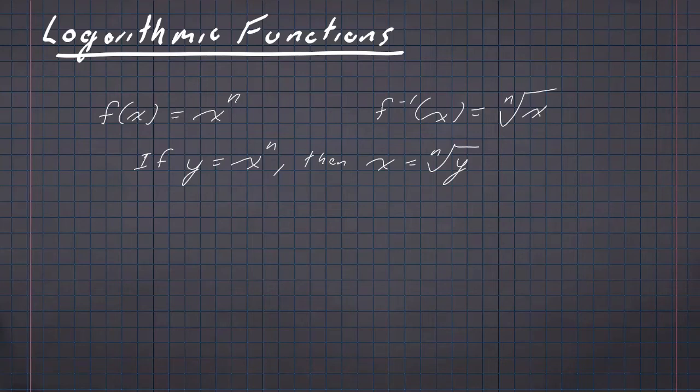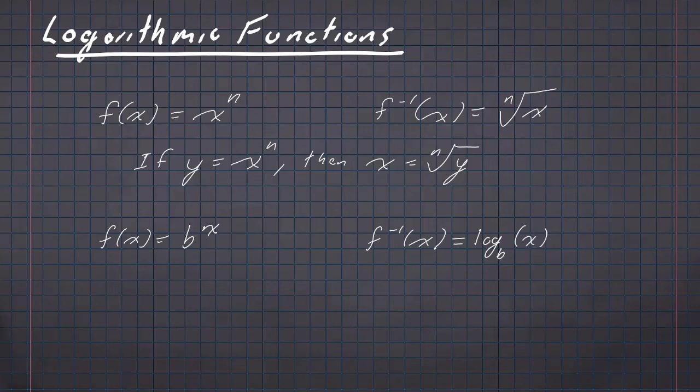And we want to do the same thing with exponentials. If we have a function, f of x is some base b raised to the x power, then we want an inverse function. And to name this inverse function, as I said, we call it the logarithm, and we simply write it as log with a subscript b for what base we are talking about.